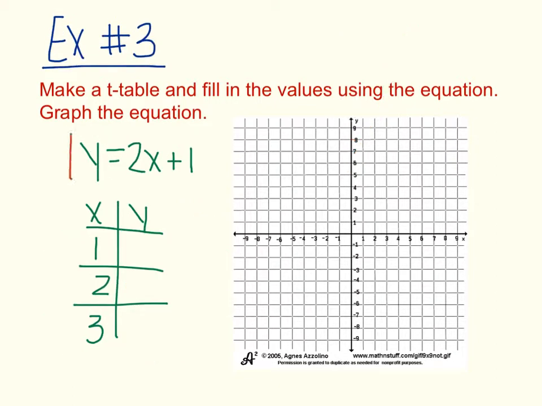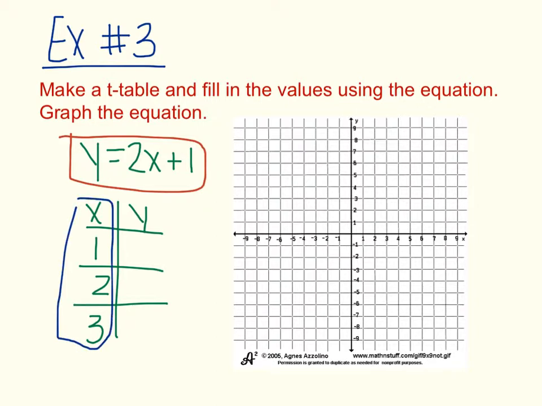Now we have y equals 2x plus 1, and we're going to plug in these numbers for x. First one is 1. Y equals 2 times 1 plus 1. So 2 times 1 is 2, plus 1 is 3. Then we do it again.